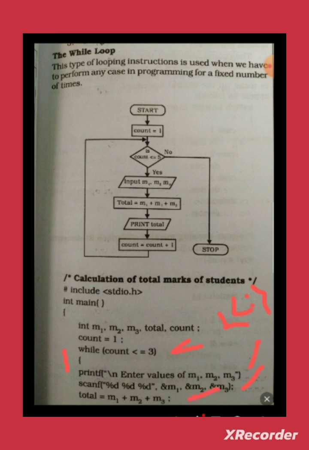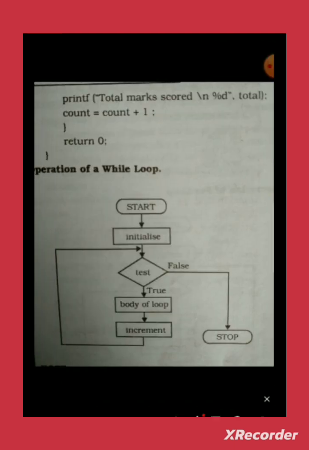It calculates M1 plus M2 plus M3 and displays the second student's total marks. Now we have got the second student's total marks. Now count equals count plus 1, so 2 plus 1 equals 3.